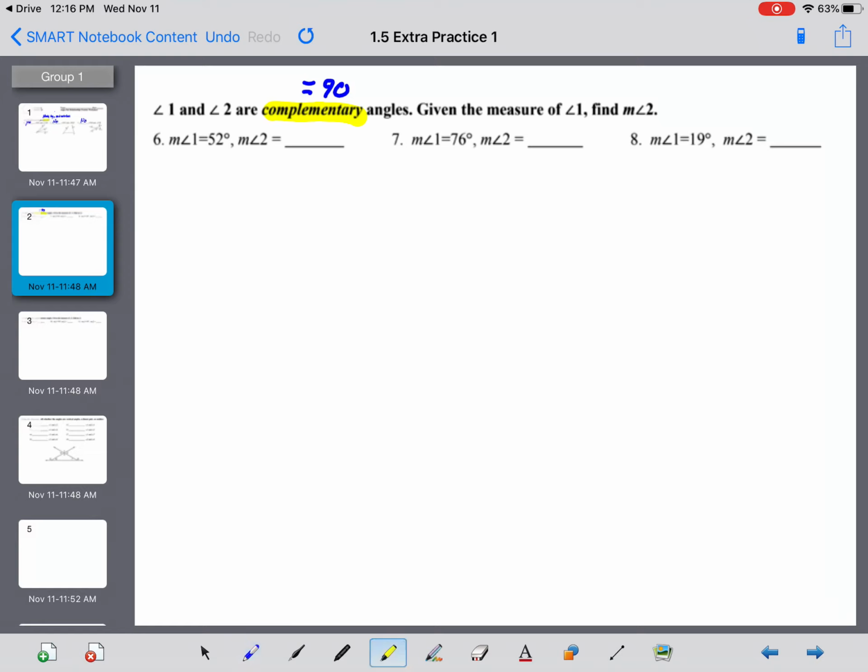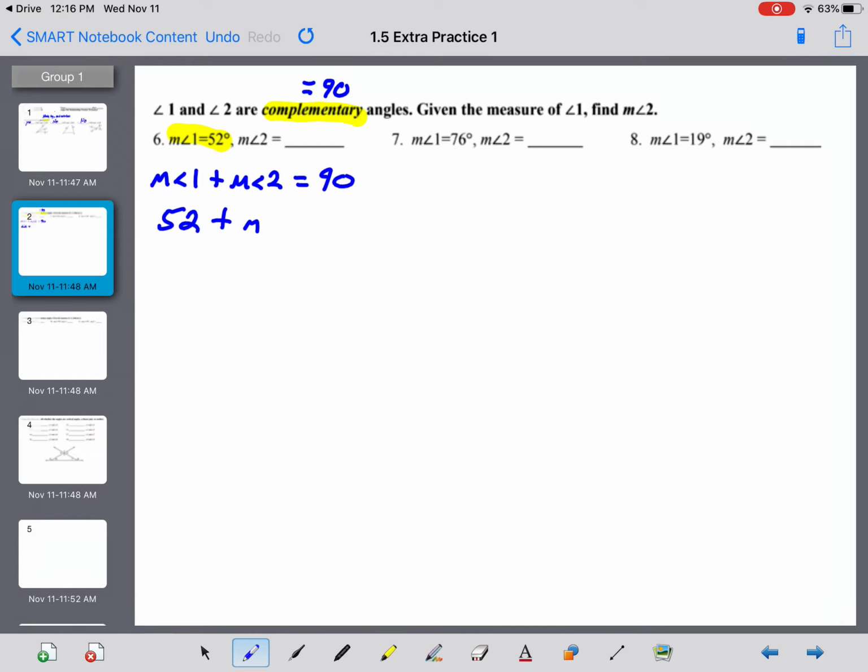So if the measure of angle 1 is 52, now we could solve this algebraically or using arithmetic. I'll show you algebraic and then arithmetic. The measure of angle 1 plus the measure of angle 2 is going to equal 90 degrees. The measure of angle 1 we know is 52, plus the measure of angle 2 we don't even know yet.